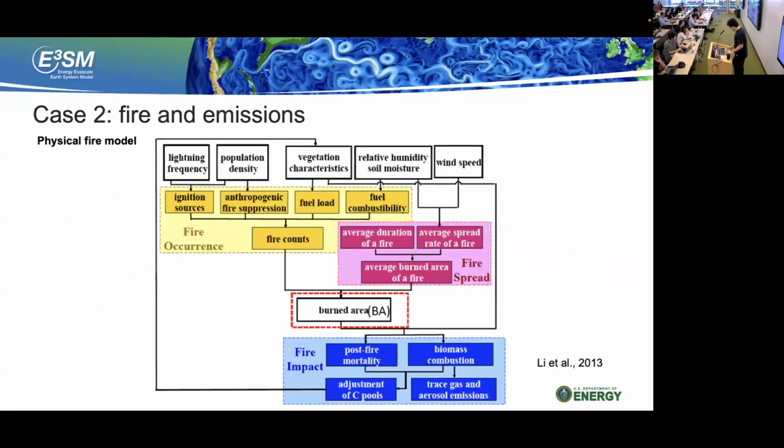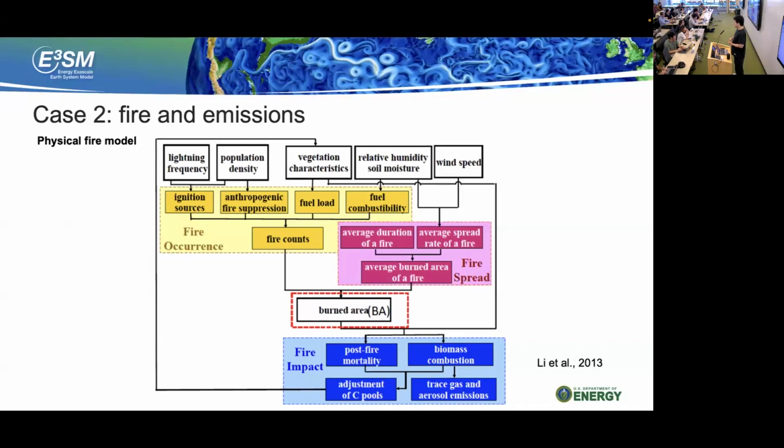Another case is for fire and emissions. This is a fire module that already exists in the E3SM land model. You have prognostic simulation of ignition, spread, and duration. Unfortunately, duration is prescribed to 24 hours, which I don't think makes sense, but that is the default configuration. For 24 hours of fire burn, we prognostically calculate fire counts and the spread rate.